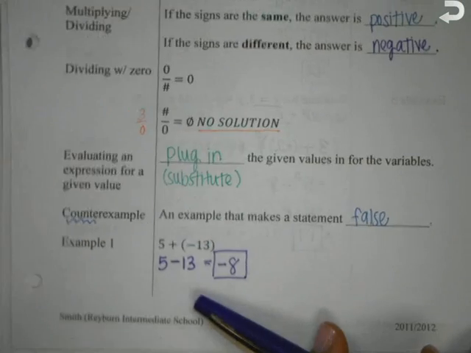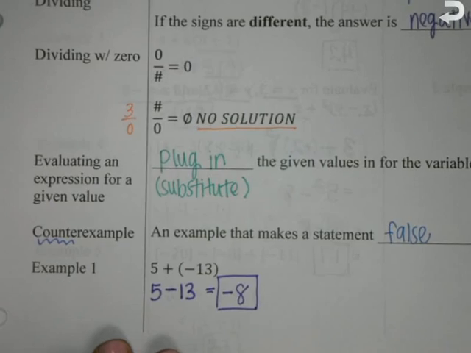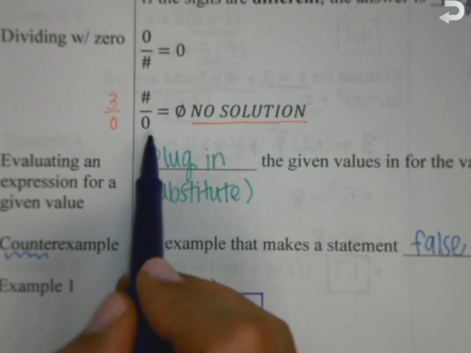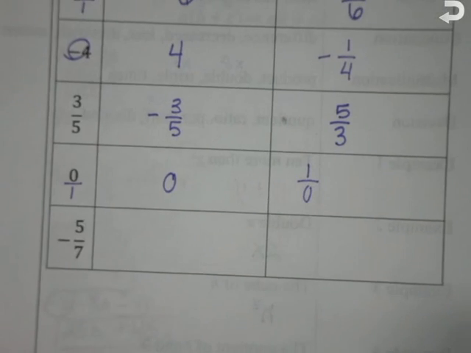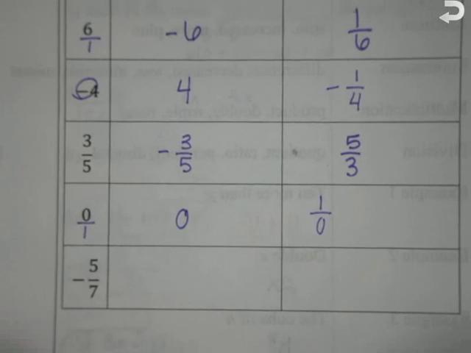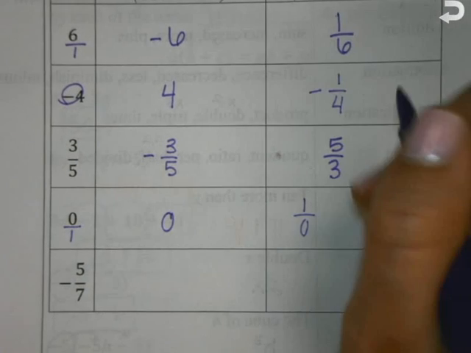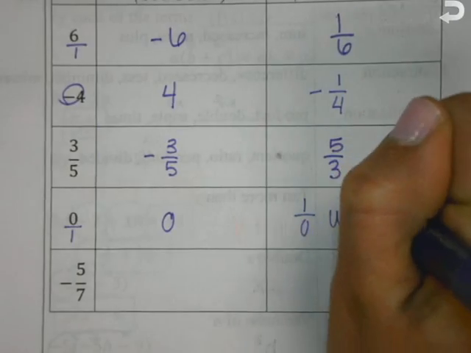A number over 0. And I said what? No solution. So, going back to our chart, 1 over 0, can I have that? No. So what's my answer? No solution or undefined. Same thing. Okay, undefined. Can't do it. Big no-no.